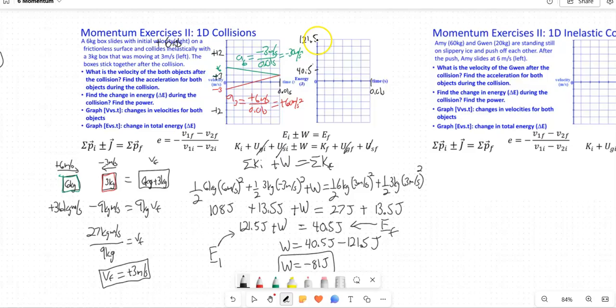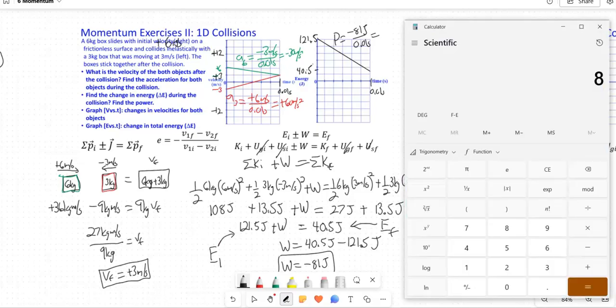120, and then the power is going to drop by 40.5, and so this guy's power is going to be negative 81 joules divided by 0.01 seconds. I'm just double checking, 81 divided by 0.01.